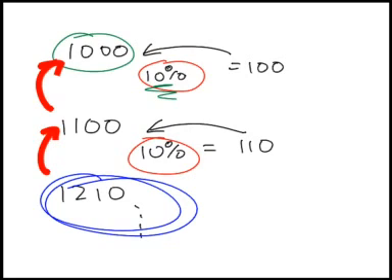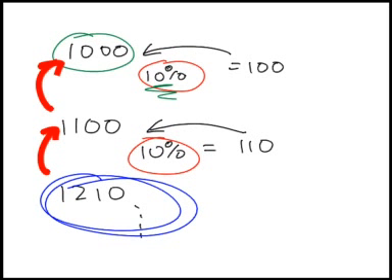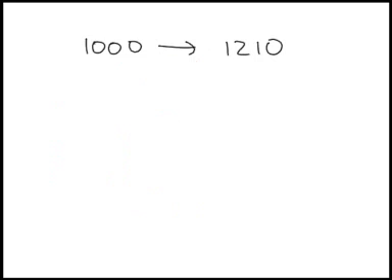Now the other thing I need to tell you: we started with 1,000 and ended up with 1,210, and the annual interest rate was 10%. You agree with me? Yes. But let's find out what percentage we had to take 1,000 to become 1,210.